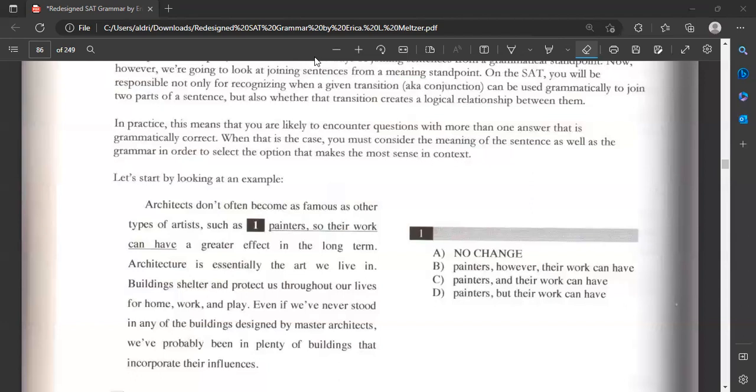Okay, so the first part of what you said is actually incorrect. However is also a contradicting transition. So however is a contradicting transition, but the second thing that you said is very good. It's very strong.